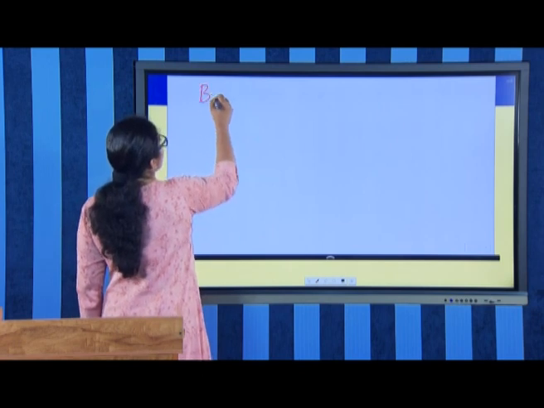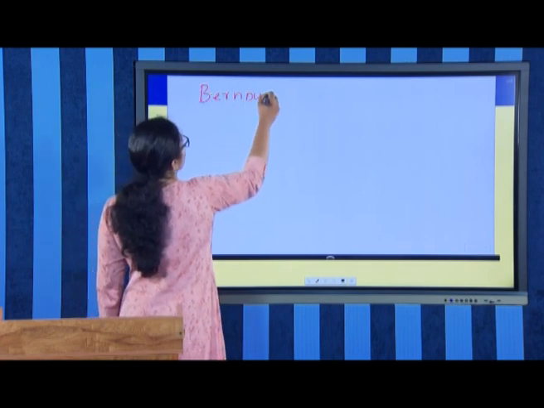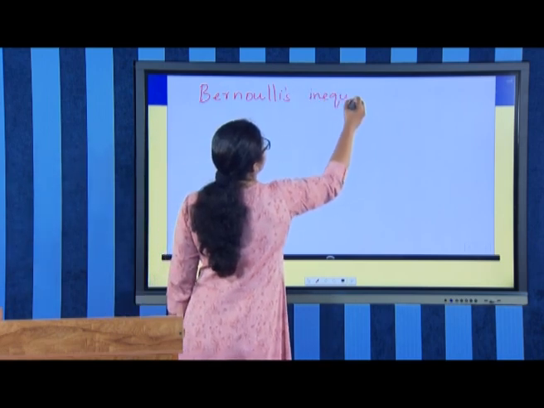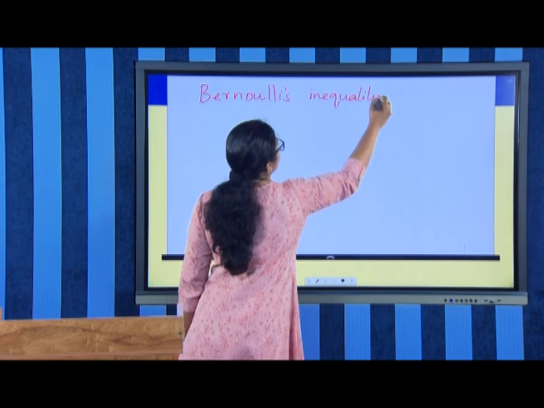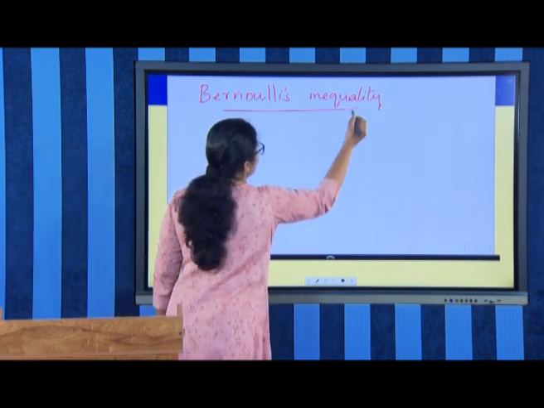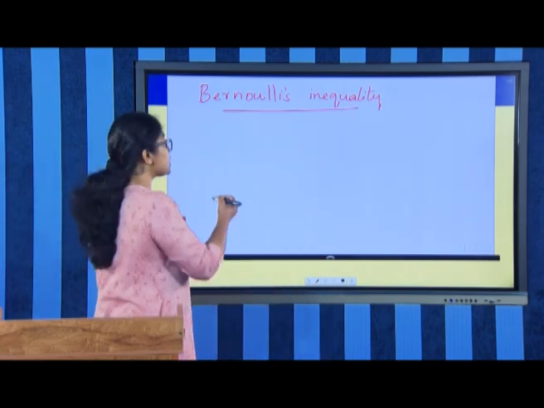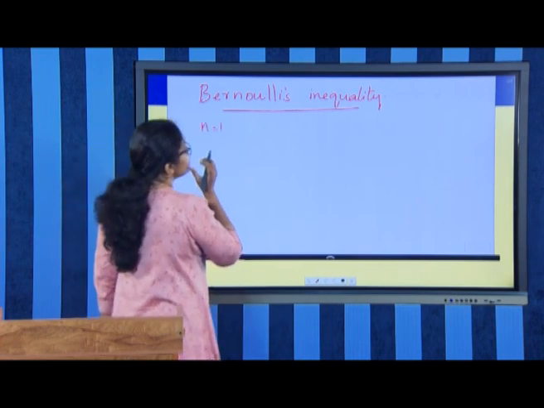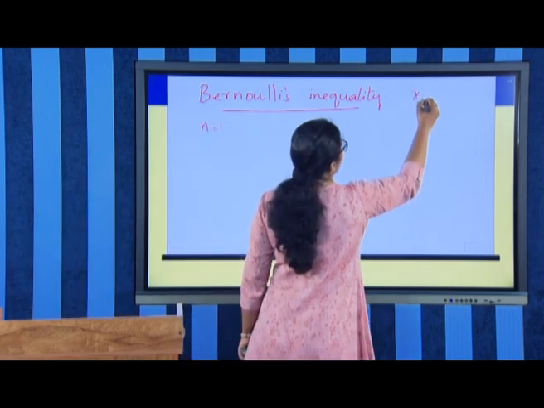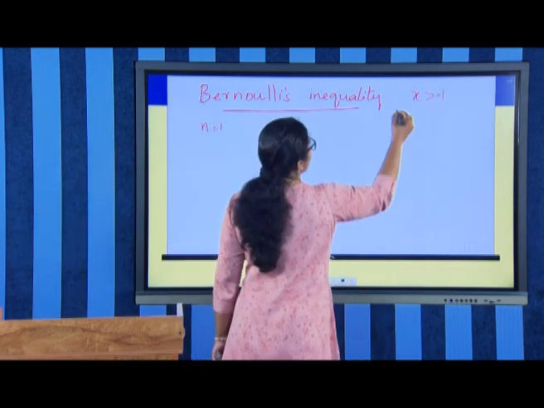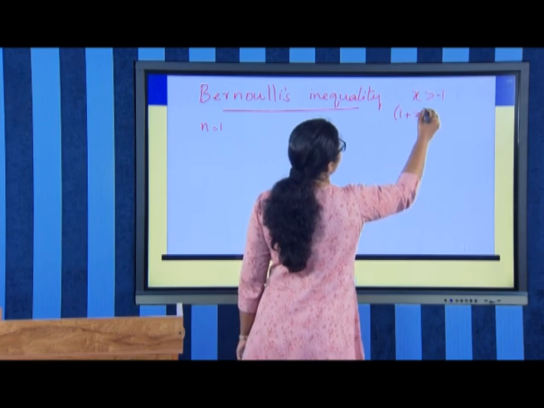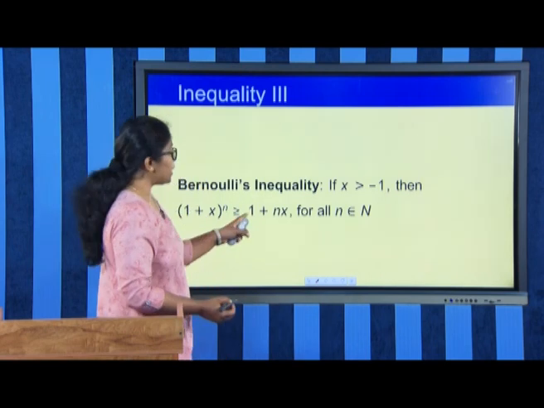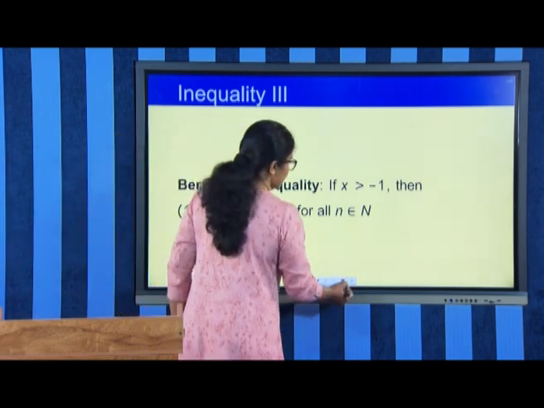So, Bernoulli's inequality, the proof follows from mathematical induction, and so we first consider the case when n is equal to 1. Given x is greater than minus 1, what we require to prove is (1 plus x) whole power n is greater than or equal to 1 plus nx.